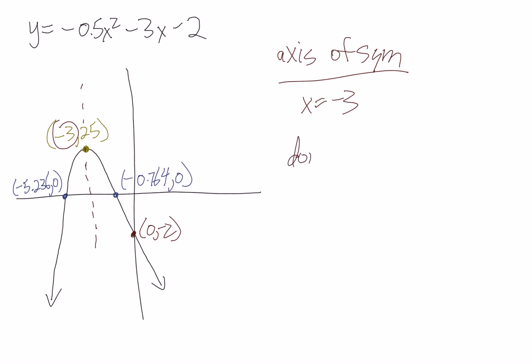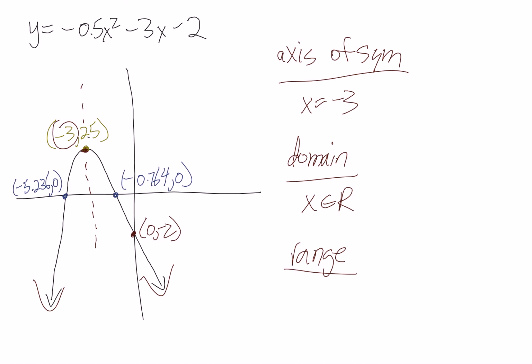Okay, our domain. Remember, domain was all of our possible x values. Because this graph goes on and on forever in both directions, we're always going to get every possible real number. And our last one, the range: in this case our graph has a maximum. We're at a peak of 2.5.